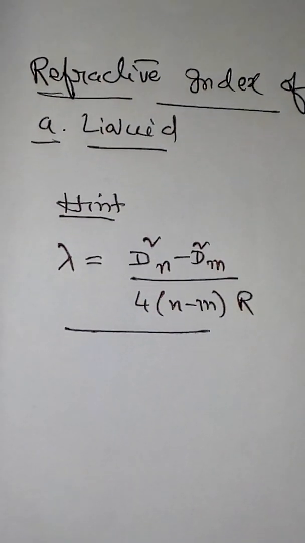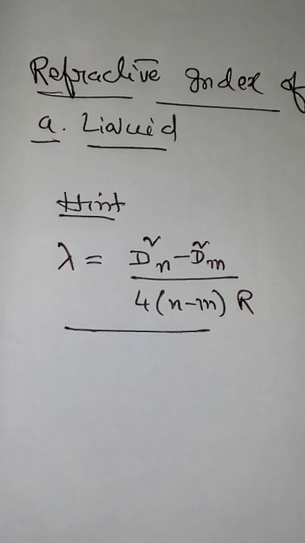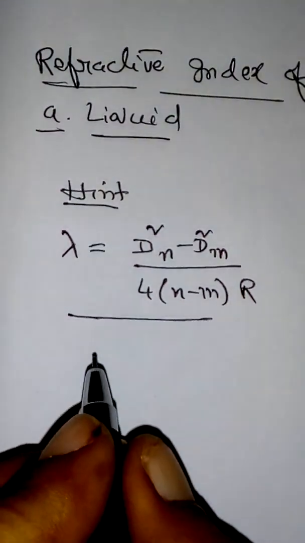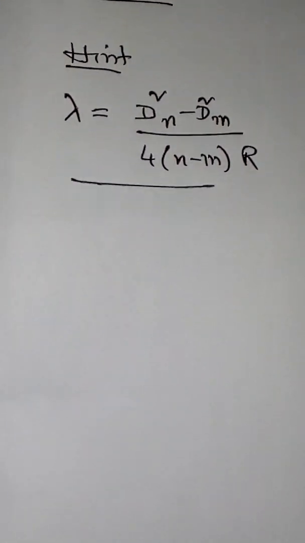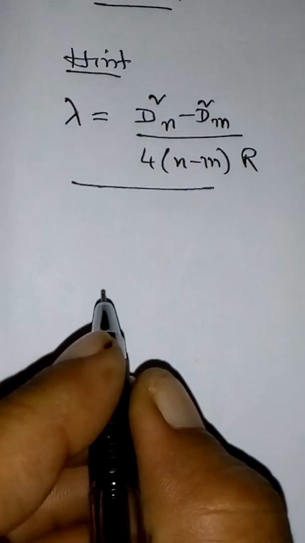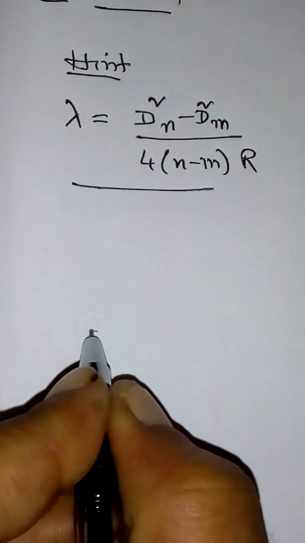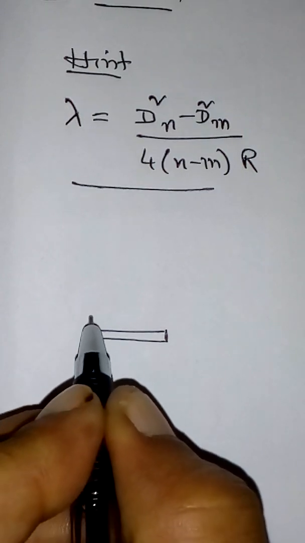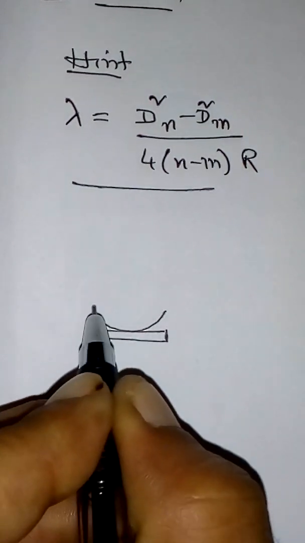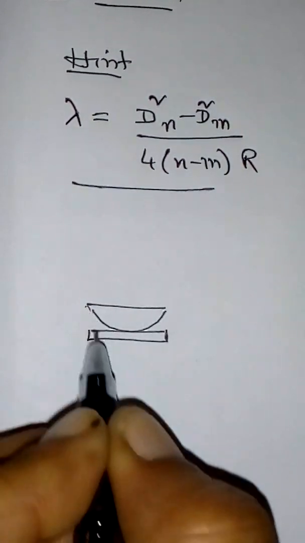Suppose we have taken a liquid, and we want to find out the refractive index of that liquid. For that, just try to recollect the Newton's rings experimental setup, where I am showing a small diagram here. We have taken a plano convex lens, kept its convex surface on a plain glass plate.